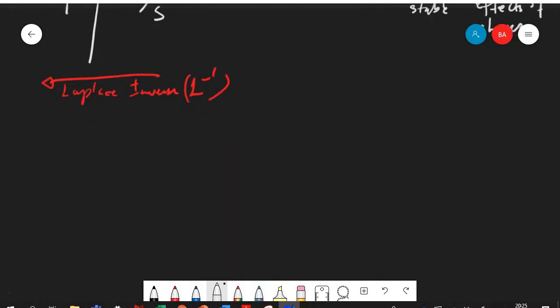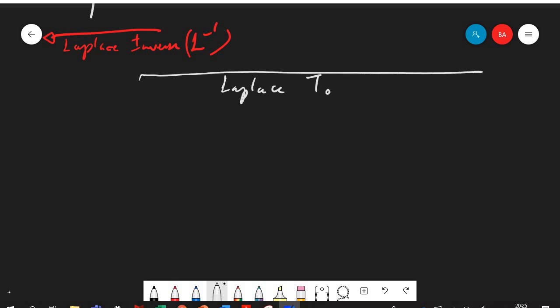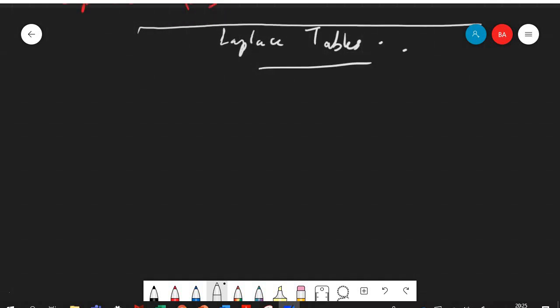So looking at what we need from Laplace: Laplace tables, there's a lot to study there. So what do we need from Laplace tables? Well, I like to put my Laplace tables into inputs and outputs.